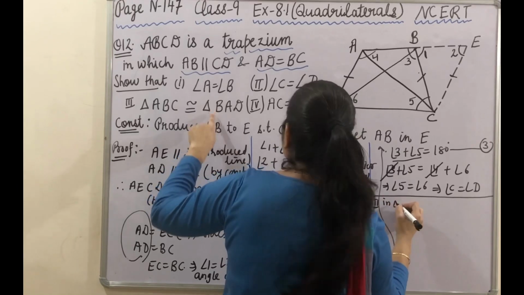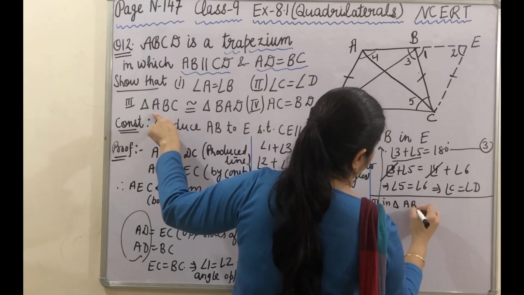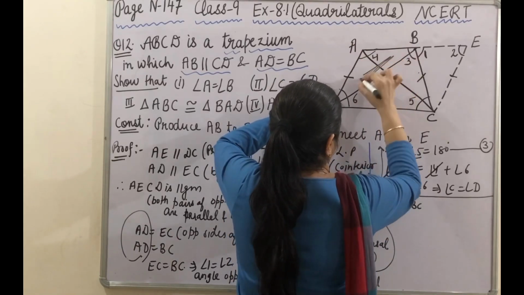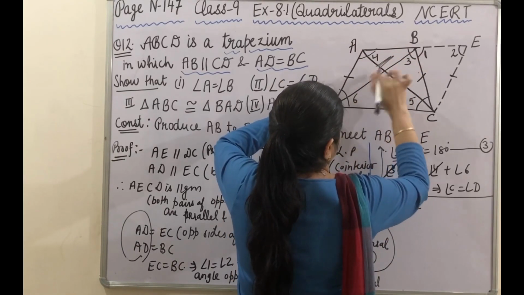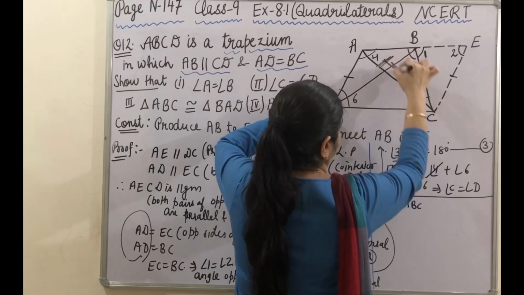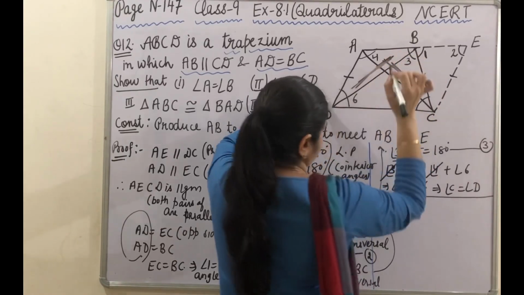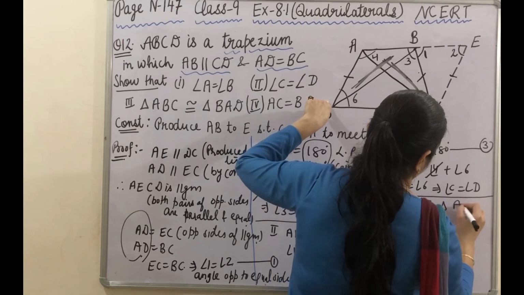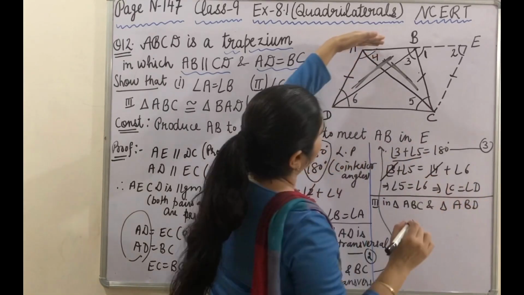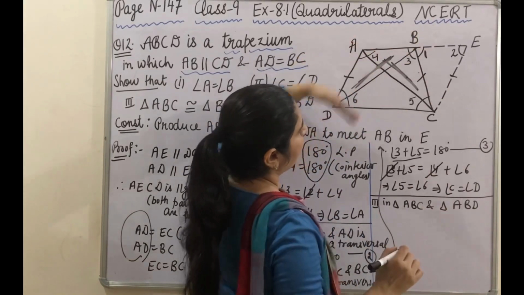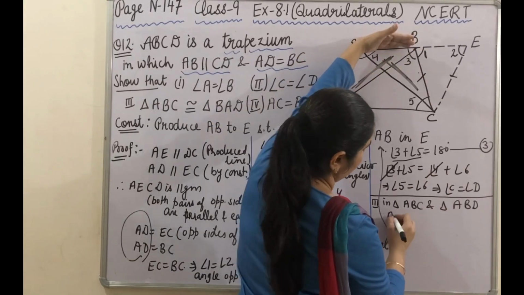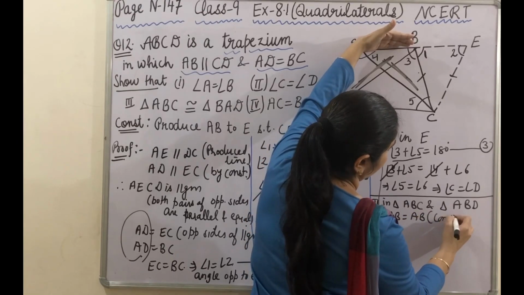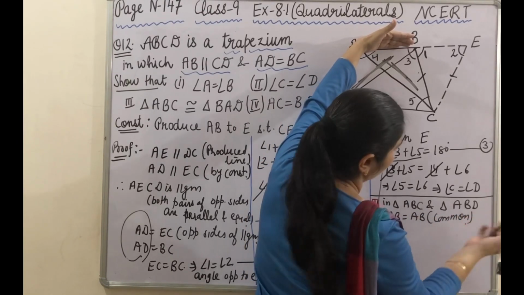In triangle ABC and in triangle ABD, these two triangles are required. AB is the common line. This AB is lying in both the triangles. AB is the common side.